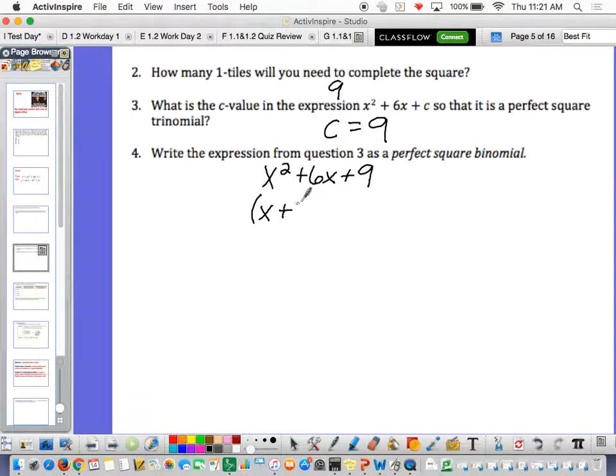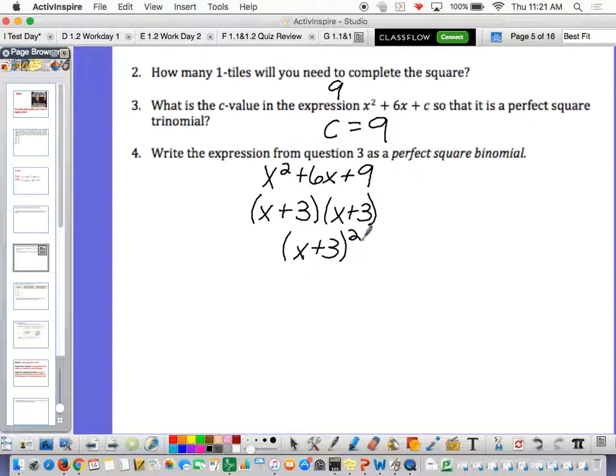You have x plus 3 times x plus 3, which then comes down to be x plus 3 squared. That is a perfect square binomial, okay? And so that's the goal of today, to be able to take things that are in standard form, find some c value, and then be able to write it as a squared binomial because we have a squared binomial in vertex form, okay?